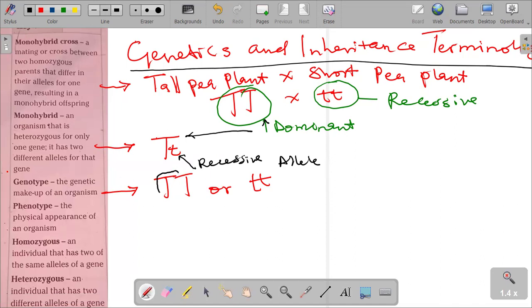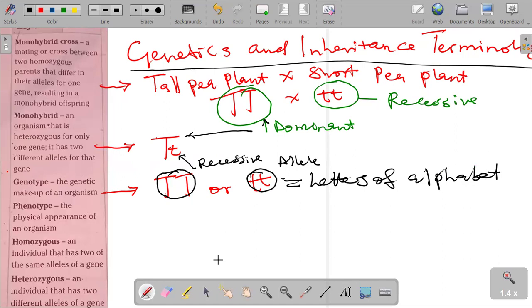It must be well understood that the genotype is always given as letters of the alphabet, in any scenario, whether monohybrid cross, dihybrid cross, complete or incomplete dominance.